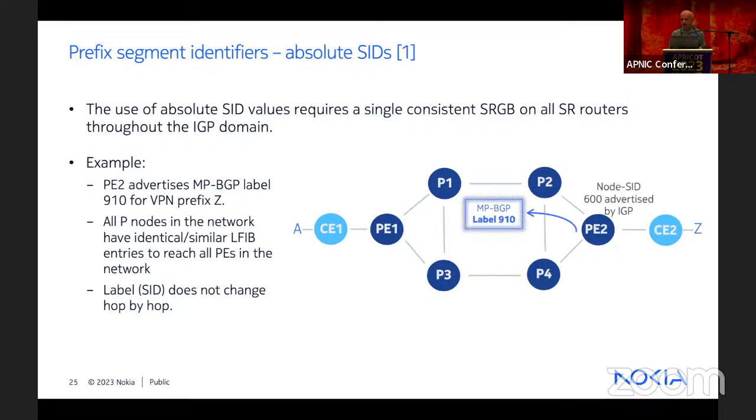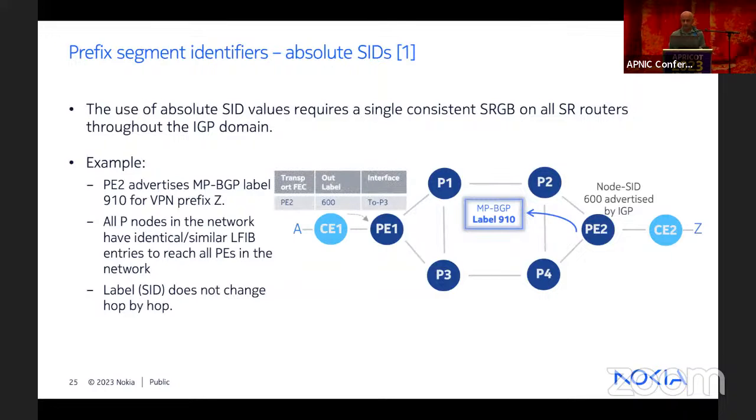It also has the VPN service configured, and let's just assume it's an IP VPN service, using multi-protocol BGP, so RFC 4364 kind of VPNs. For this particular VPN service, PE2 is advertising a label of 910 to PE1. So that's the VPN label for it.